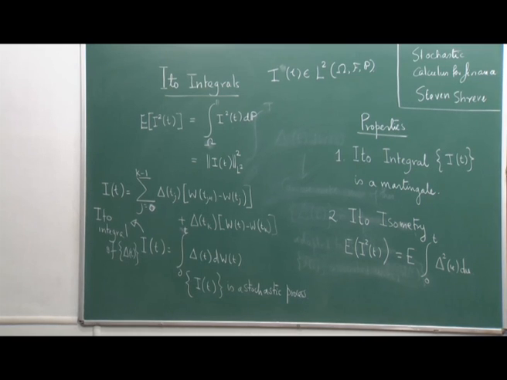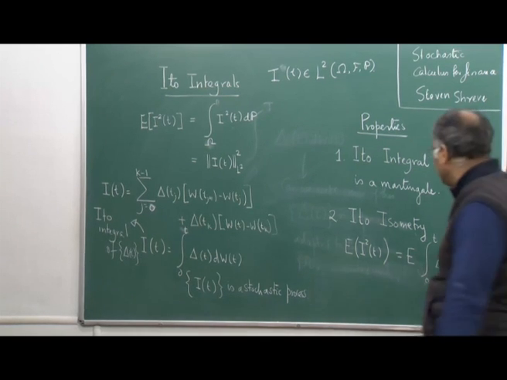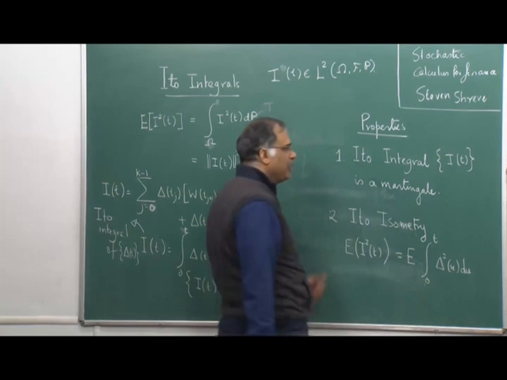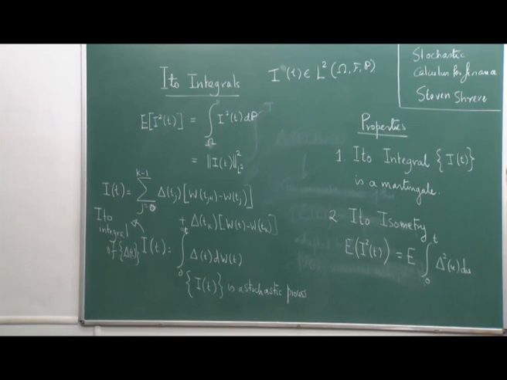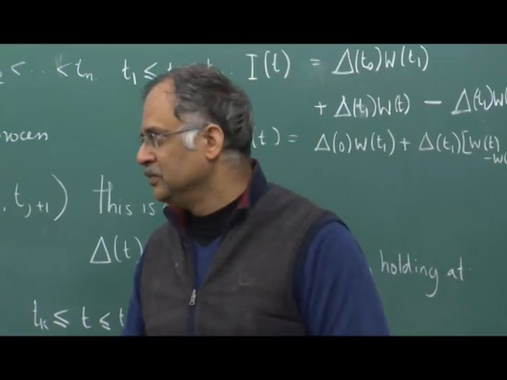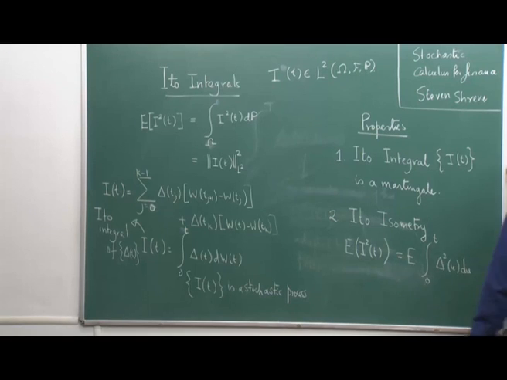The very important thing that we should now understand is that, just like Brownian motion, the Ito integral itself has a quadratic variation. And what is that quadratic variation?